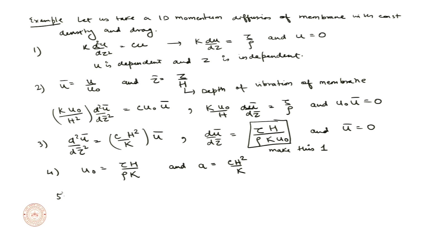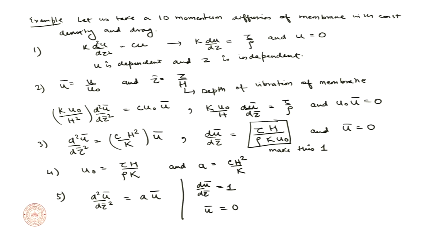So, we can take this as a constant. Then step 5 is that we will substitute everything back into our differential equation, that is step 1, and what we will get is d square u bar by dz bar square equals a into u bar. This is our equation, and our boundary conditions are du bar by dz bar equals 1 and u bar equals 0.